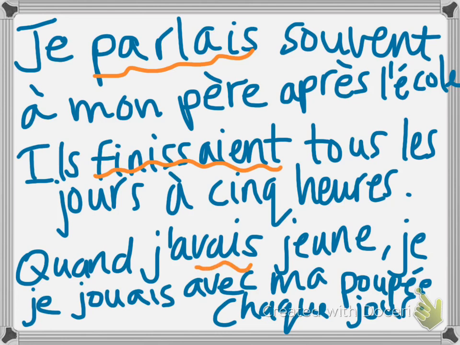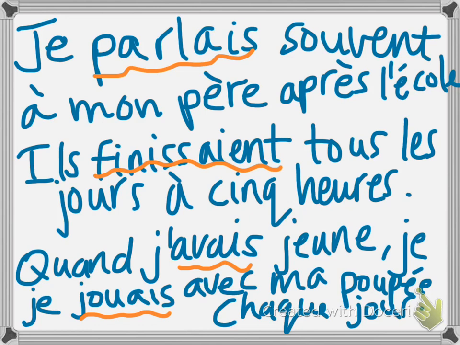Et quand j'étais jeune, je jouais avec ma poupée chaque jour. So these are the imperfect because these are actions that happened again and again in the past. They're recurring habitual actions.